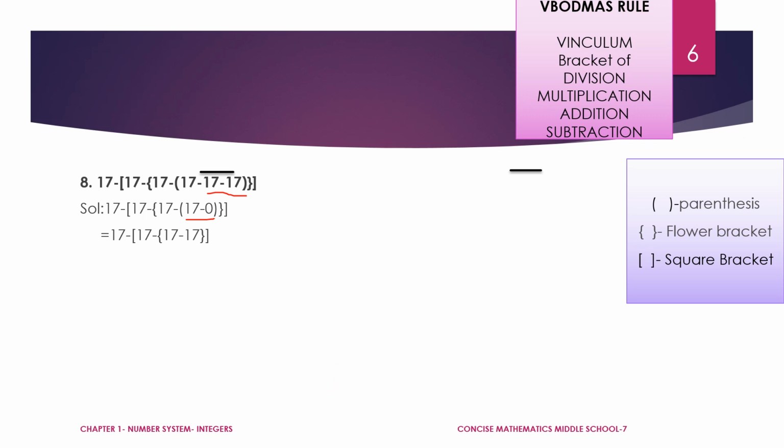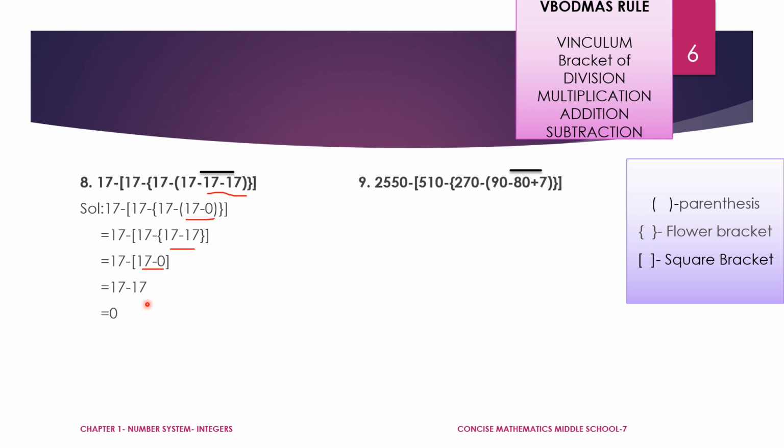Yes, here is a flower brace, and inside that you don't have division, multiplication or addition, only subtraction. So 17 minus 17 becomes 0. Even here next, it's the square bracket, so you need to solve this. 17 minus 0 will be 17. 17 minus 17 will be 0. So 0 is the answer.